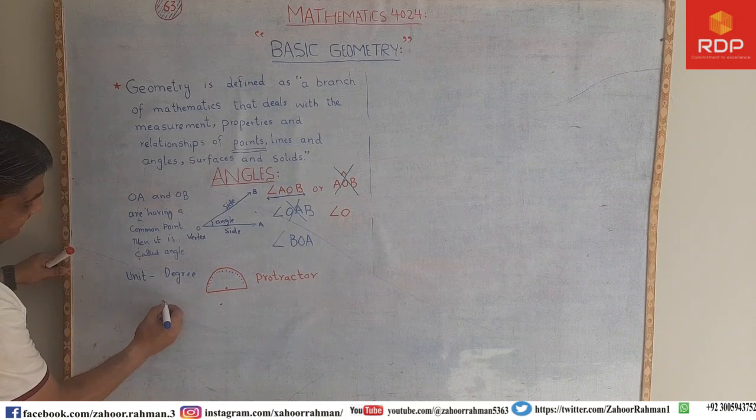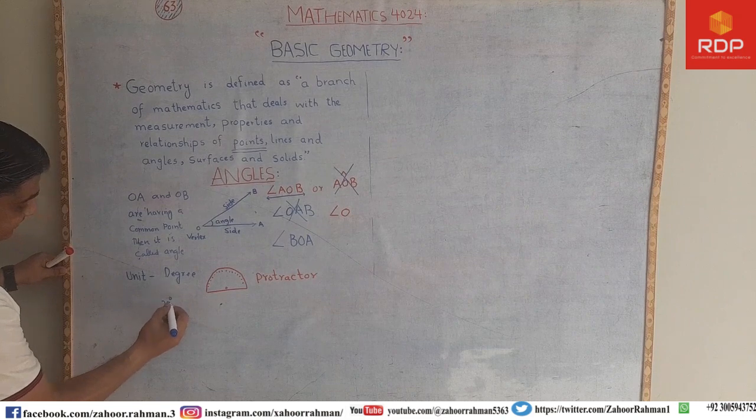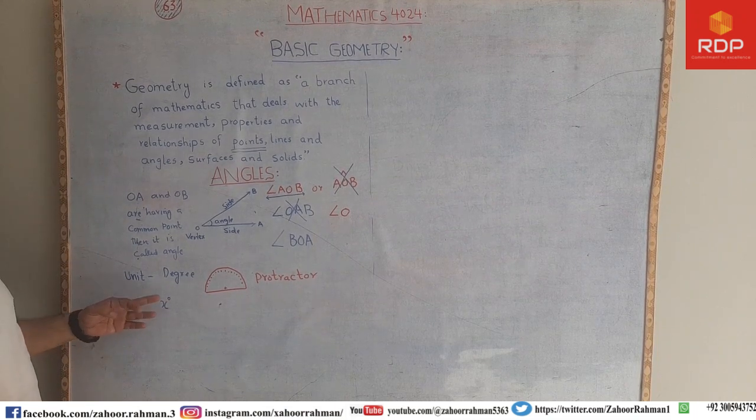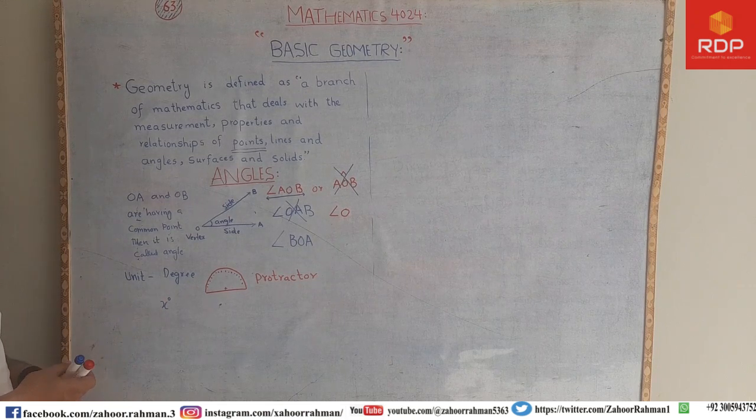Remember that x and degree: when you are putting a small o or 0 as a superscript of this x, then it is called x degree. That is not x degree Celsius. That is, x degree is the measurement.